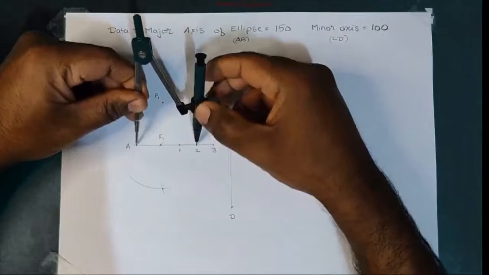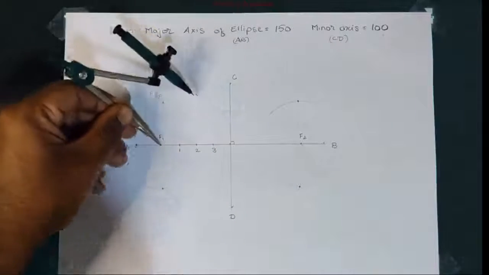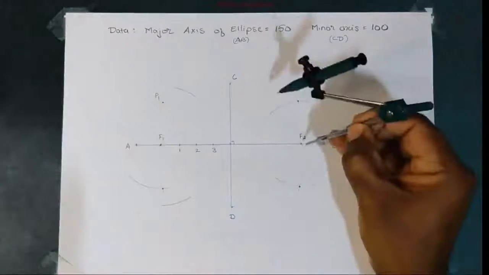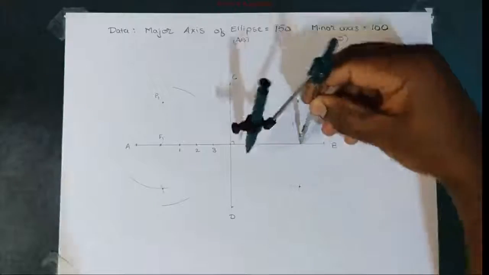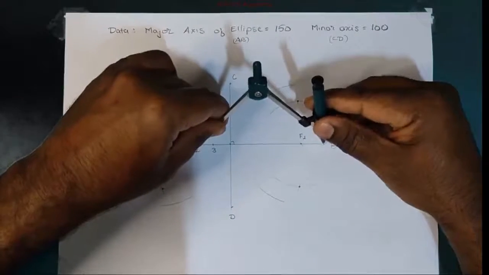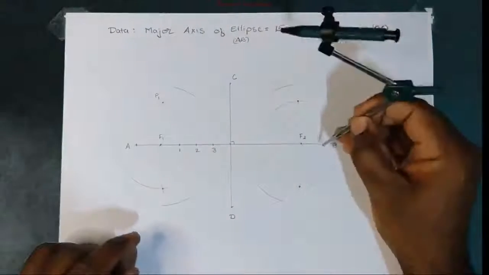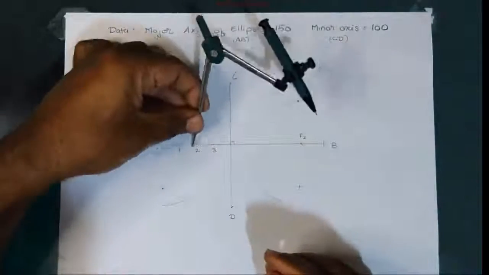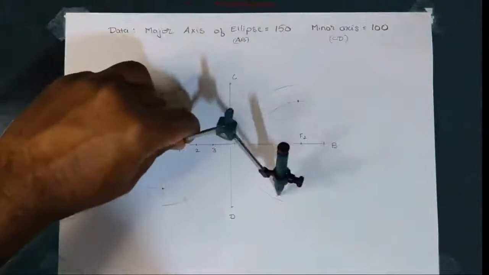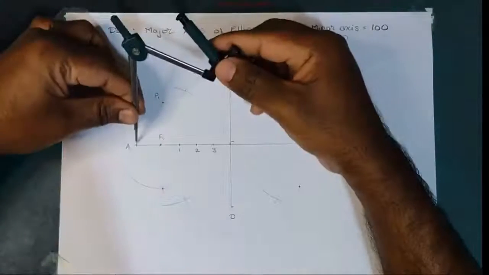Now I take distance A to 2 and use the focus to mark arcs above and below the major axis. Similarly, through F2, I mark above and below. Now for the remaining 2 to B, I measure the distance on my compass and, using the foci, find the intersections with the previously drawn arcs, using F2 and then F1. So I found the intersections.